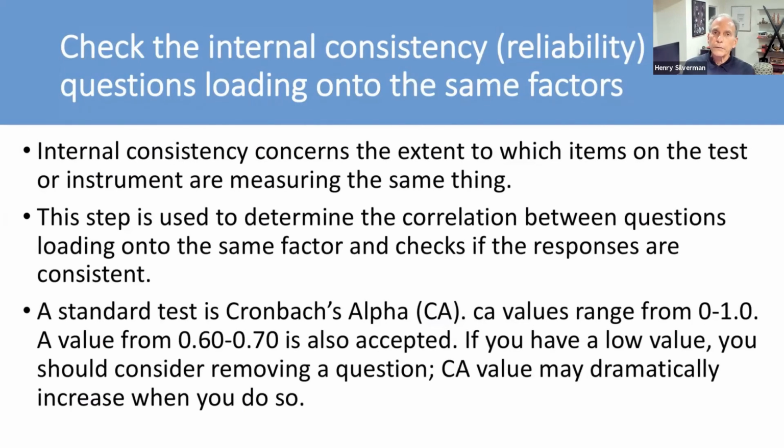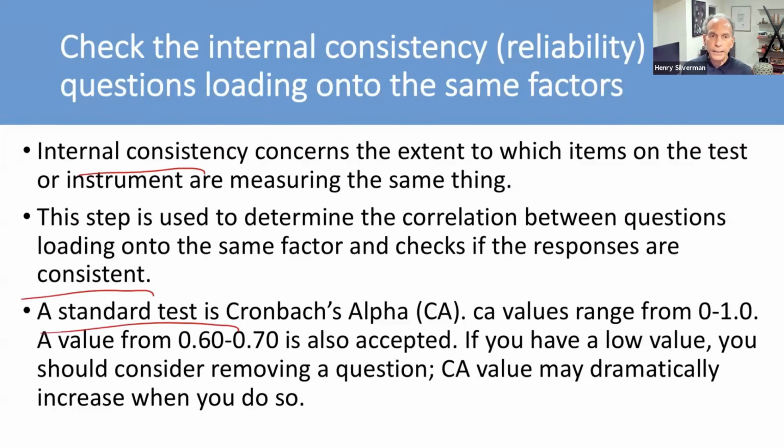The other type of consistency is called the internal consistency of the questions loading onto the same factor. Internal consistency concerns the extent to which the items on the test are measuring the same thing. This step is used to determine the correlation between questions loading on the same factor and checks if the responses are consistent.